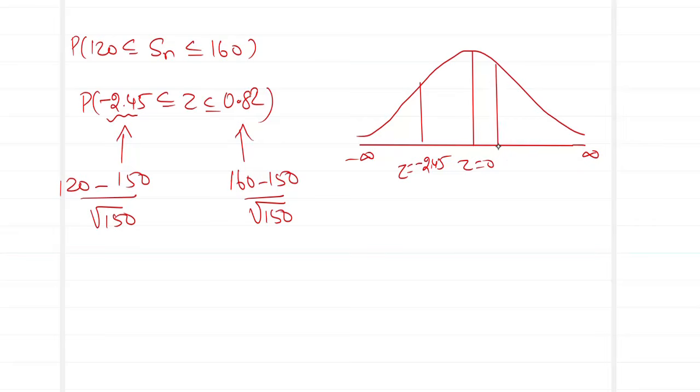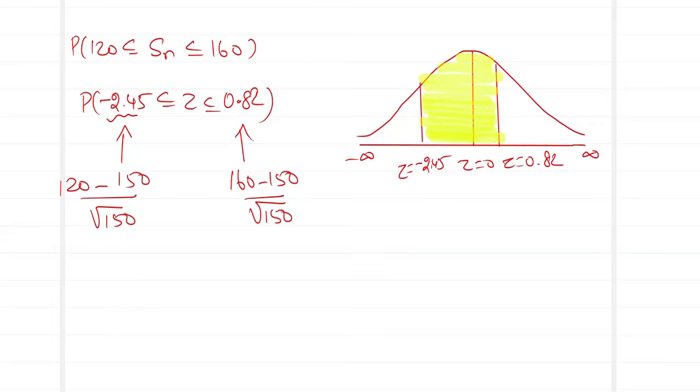So let me mark this as my value, Z equal to 0.82. The requirement is the region between these two quantities. Hence, we shade the required region between minus 2.45 and 0.82, passing through 0. So, this is my required portion.